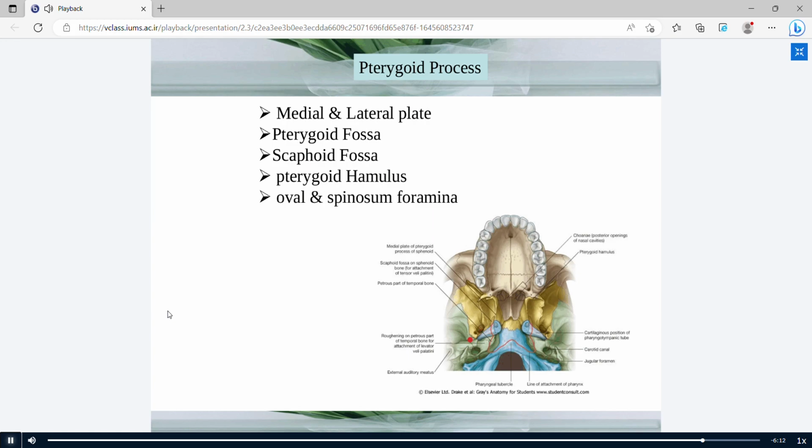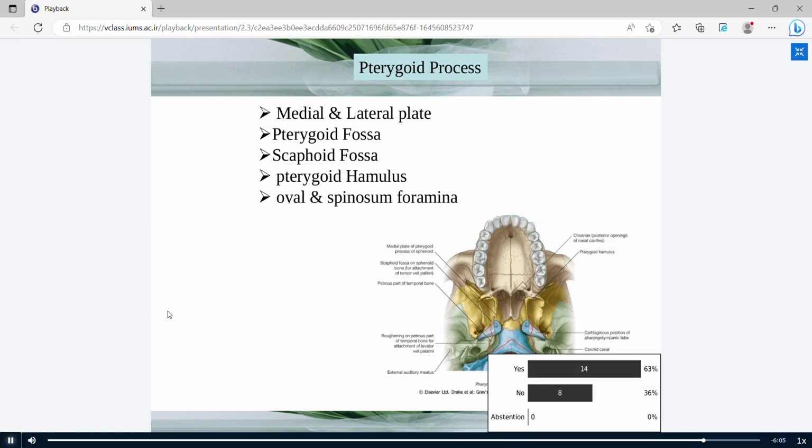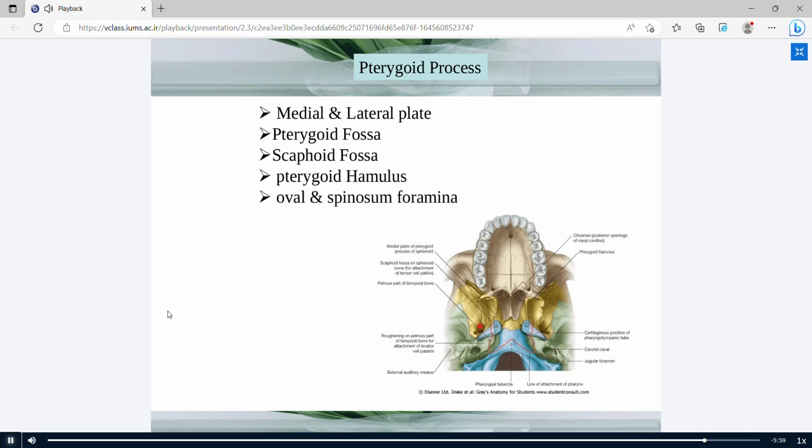Where is the foramen rotundum? This is the foramen ovale. This is the foramen spinosum. Where is the foramen rotundum?